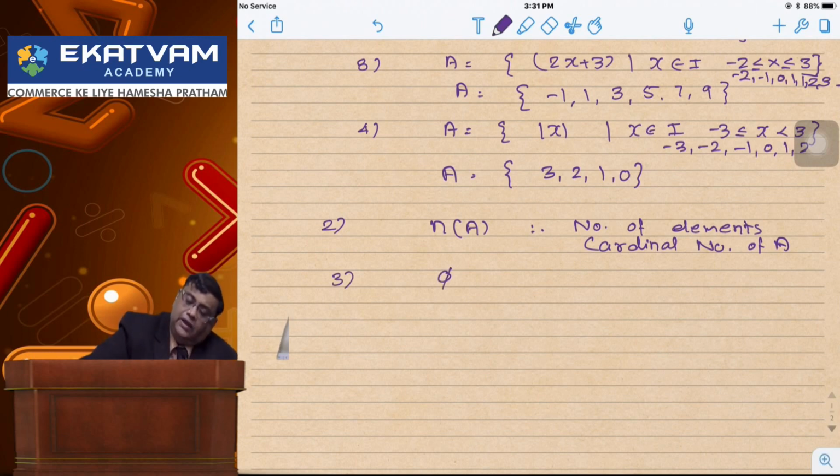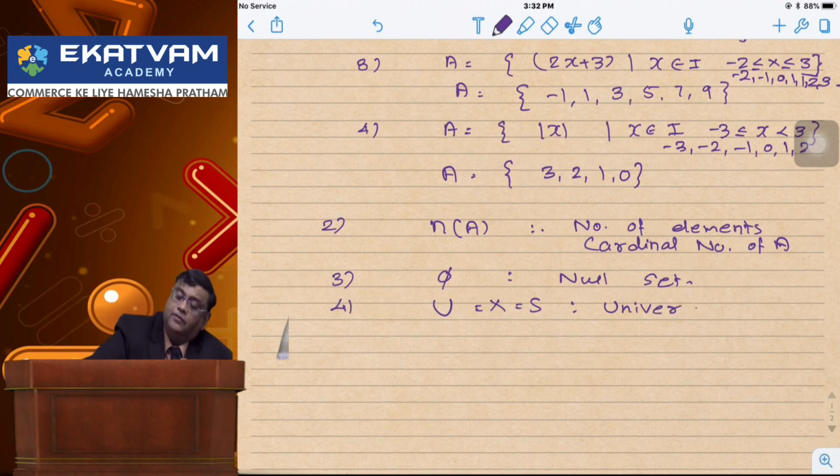Remember, phi is the null set, the empty set. Then U, sometimes denoted by X, sometimes denoted by sample space S, is the universal set. This is the universal set, beyond which we won't go.